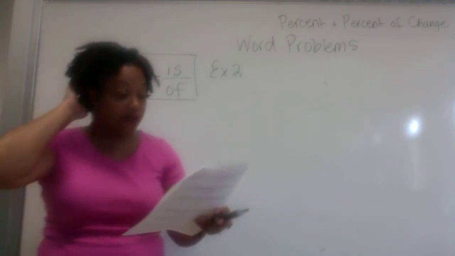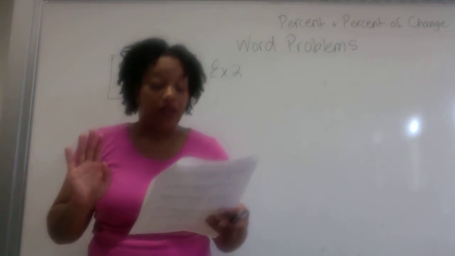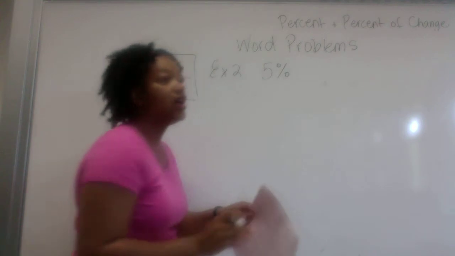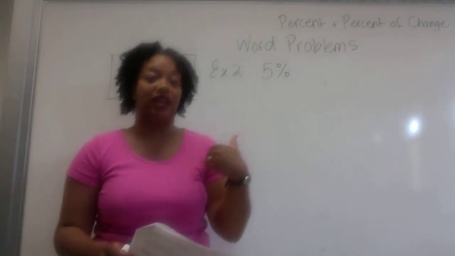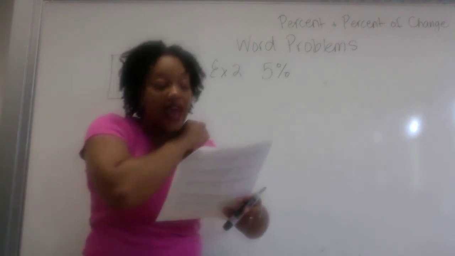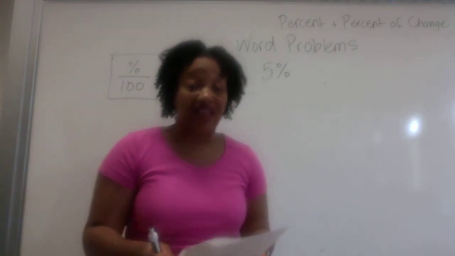So in this case, in example two, you are working at a computer store where you earn 5% commission. That means that everything that you sell, you get 5% of that selling price that you get to take home, and it's your money. So the question is, how much do you earn when you sell a computer that costs $1,900?